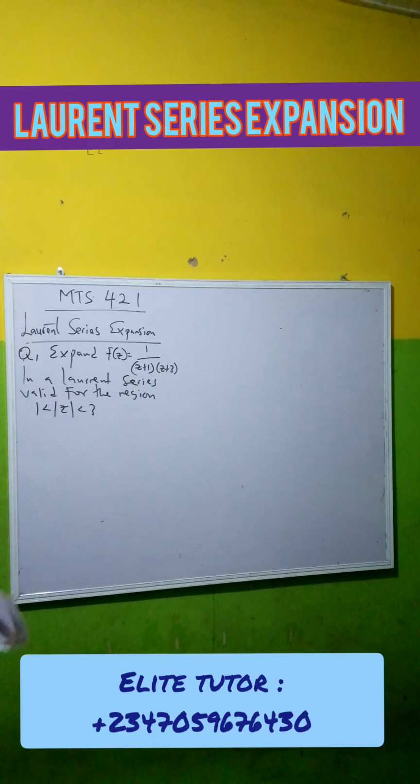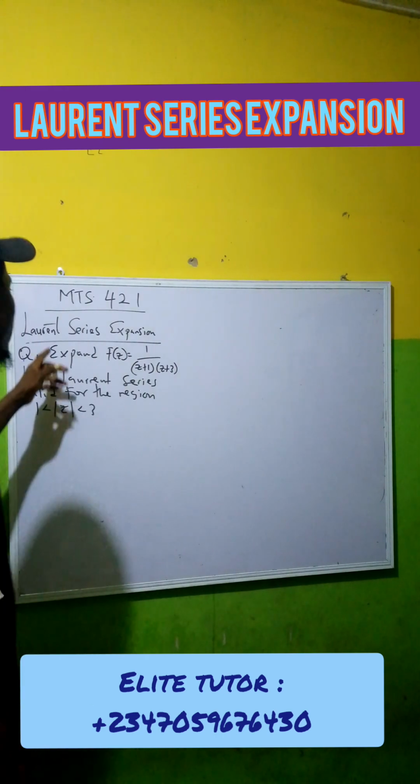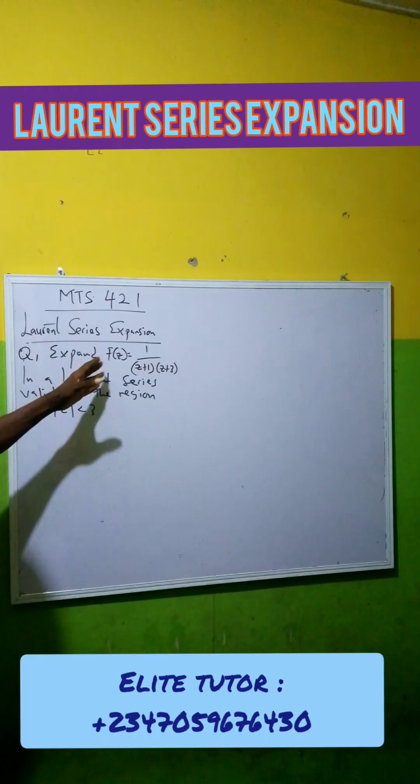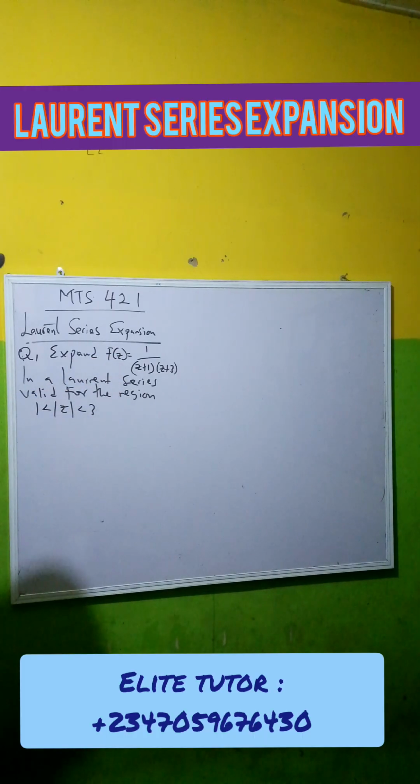Alright, so let's solve this problem. This is Laurent series expansion. So expand the analytic function f of z equals 1 over (z plus 1)(z plus 3) in a Laurent series valid for the region 1 less than |z| less than 3.